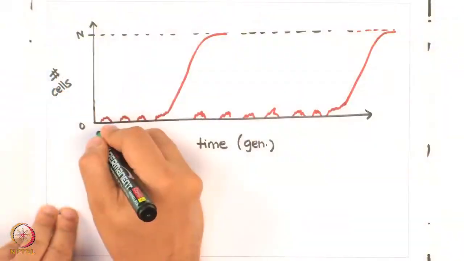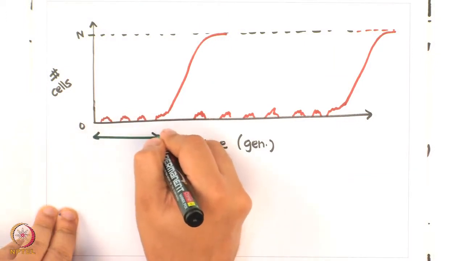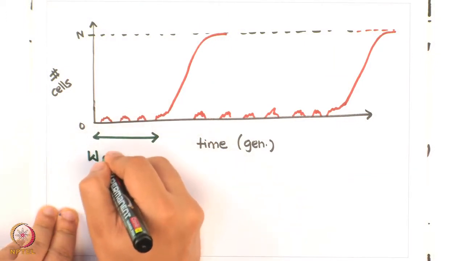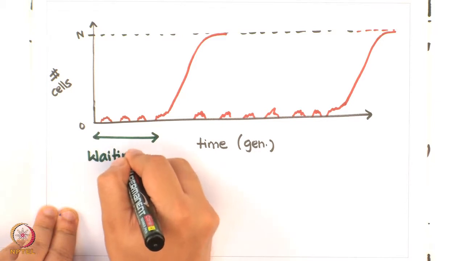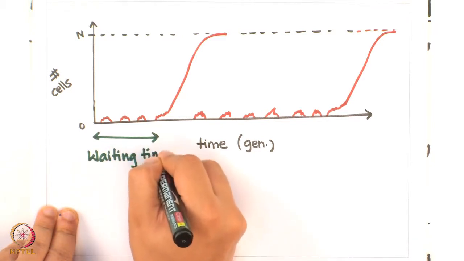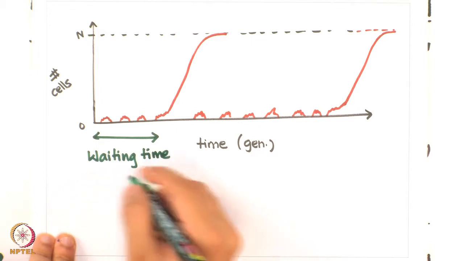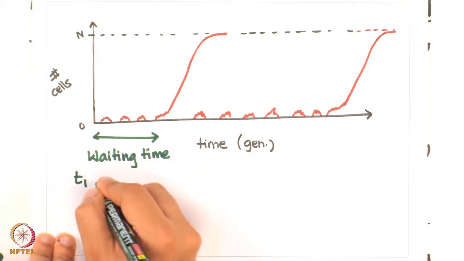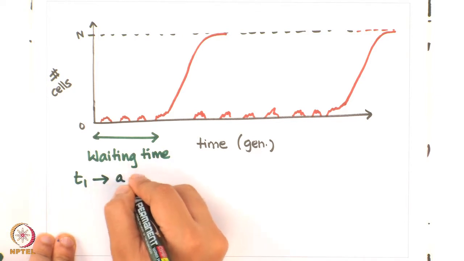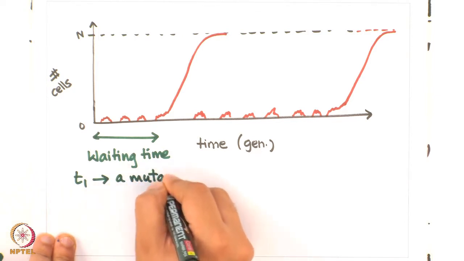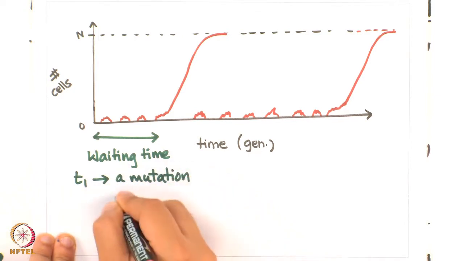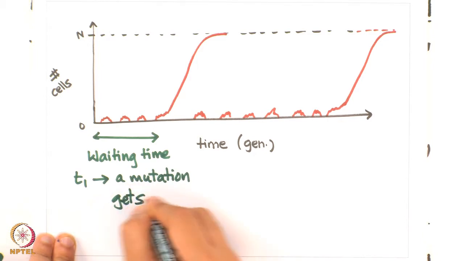So, the first thing that we want to understand is that there are two quantities here. What is the waiting time T1 such that a mutation gets established?